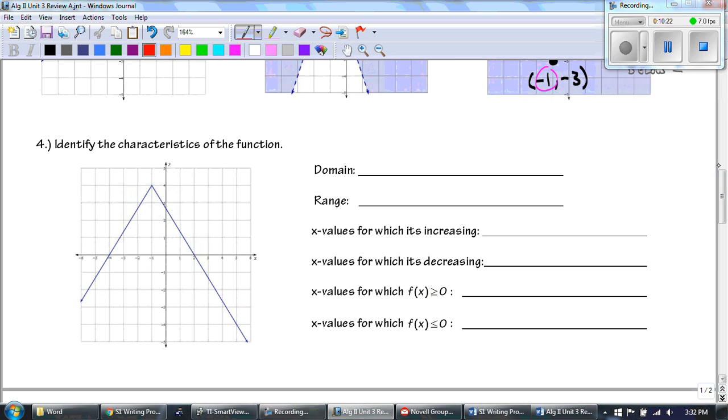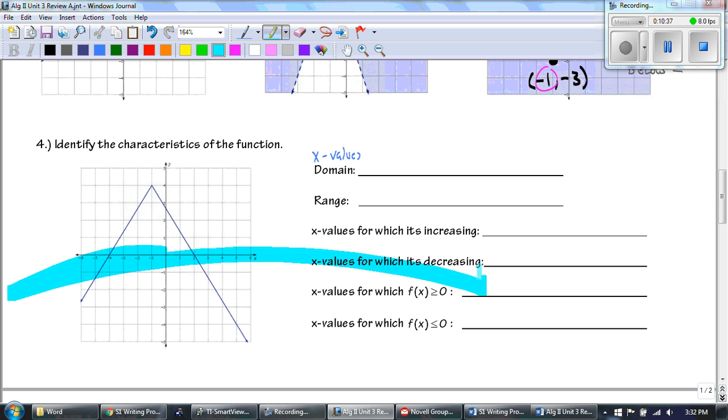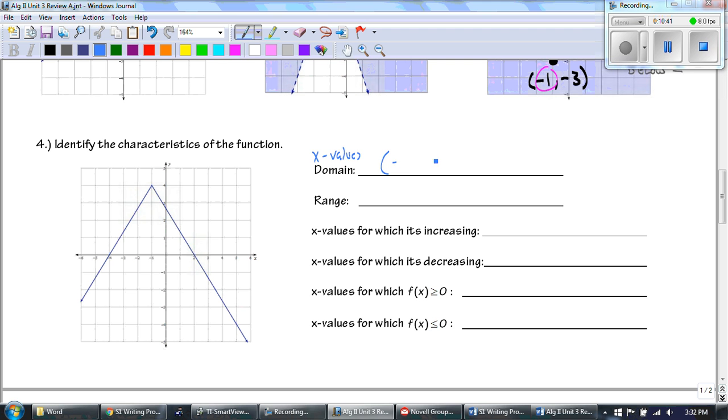Identifying the characteristics of the function. So the domain. Remember that the domain is talking about all of the x values, and that is from left to right. There are no limits, there's nothing stopping it, so the domain is negative infinity to positive infinity. Now, the range are our y values. Okay, that's going up and down.